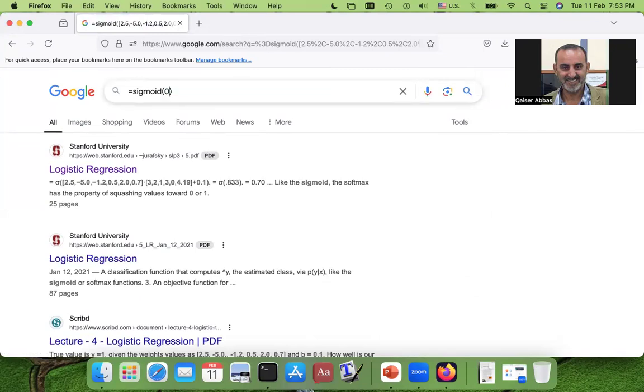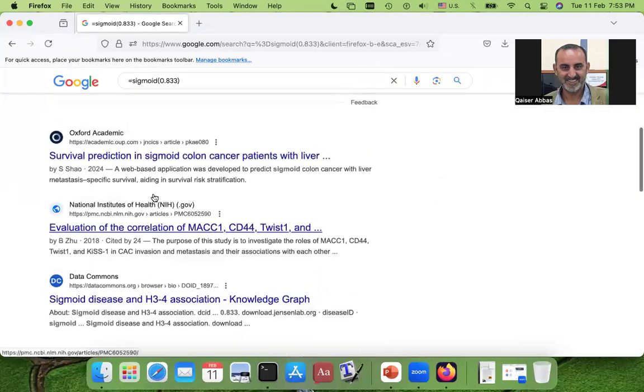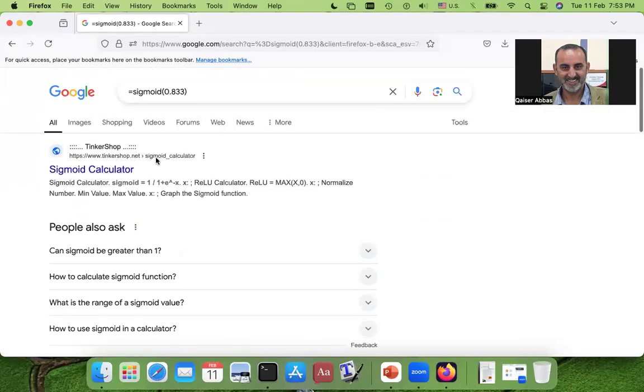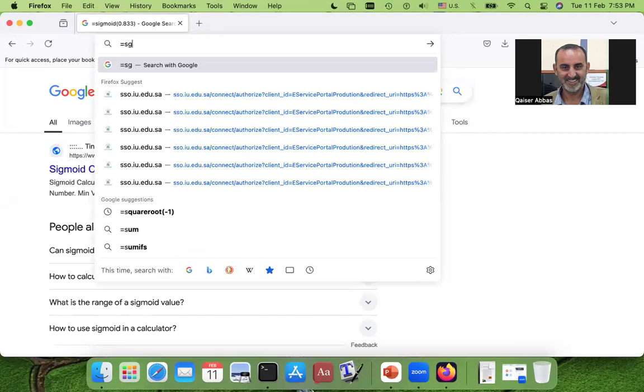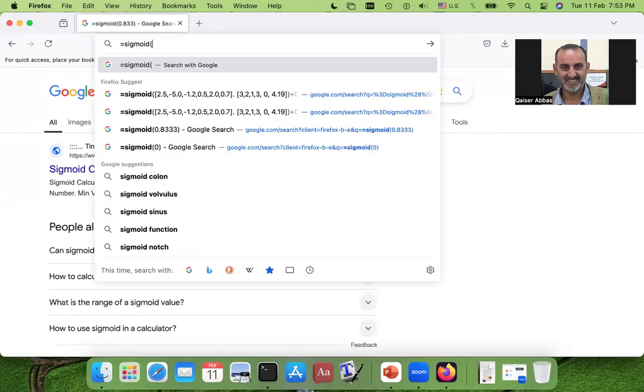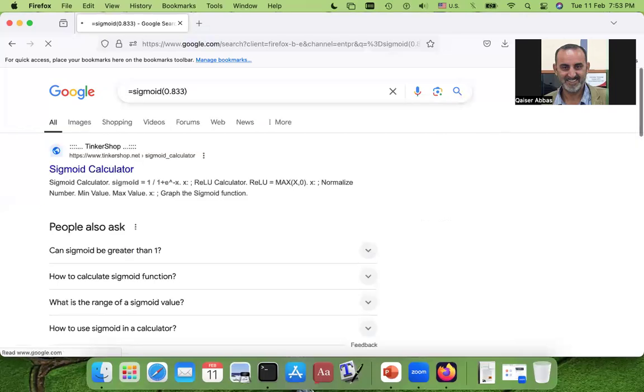I want to check the sigmoid of 0.833. Normally Google provides us the result, but now it is not giving it.